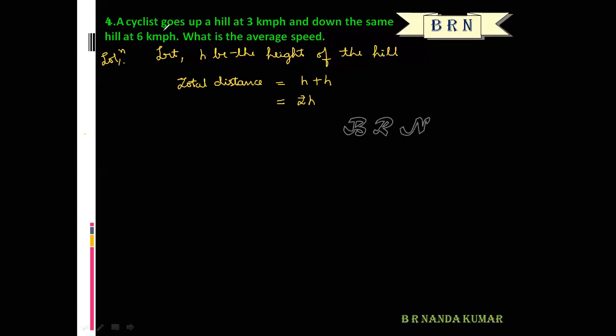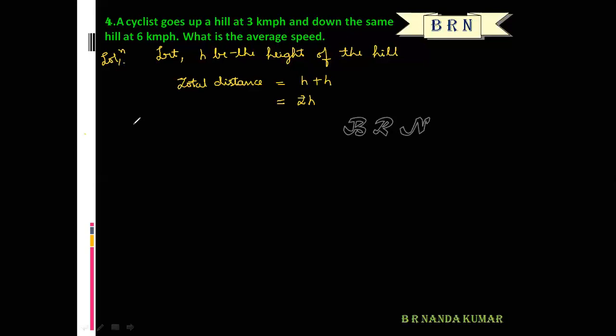The cyclist goes up a hill at 3 km per hour, so covers a distance H, and down the same hill at a speed of 6 km per hour, but the distance covered is the same, that is H. So the total distance traveled by the cyclist is H plus H, that is 2H.